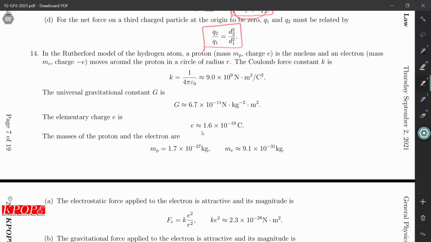In the Rutherford model of the hydrogen atom, a proton of mass mp and charge e, where e is a unit electric charge that is a positive value, is the nucleus. An electron, mass me, charge minus e, moves around the proton in a circle of radius r. This is not true, but a good approximation.